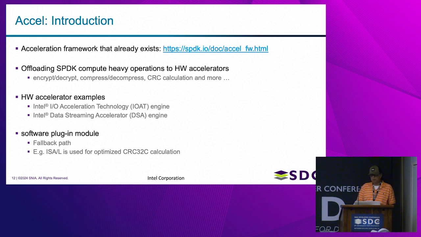For the fallback path, in case there is some kind of exception or the hardware capacity is saturated, other fallback software plugin modules are available. For instance, ISA-L, the Intelligent Storage Acceleration Library, is used for optimized CRC32 calculation.